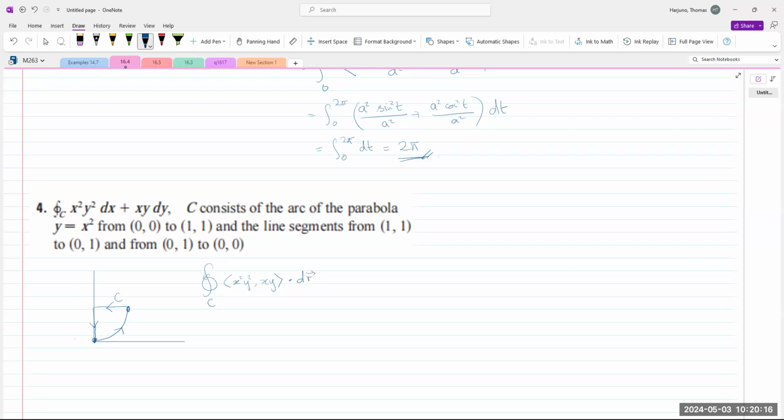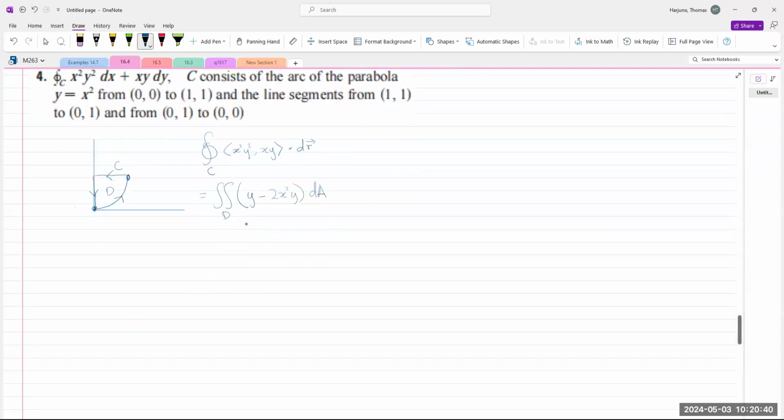Now notice that closed curve C encloses region D, right? That equals the double integral over region D of q sub x minus p sub y dA. Which is equal to, how to integrate that?